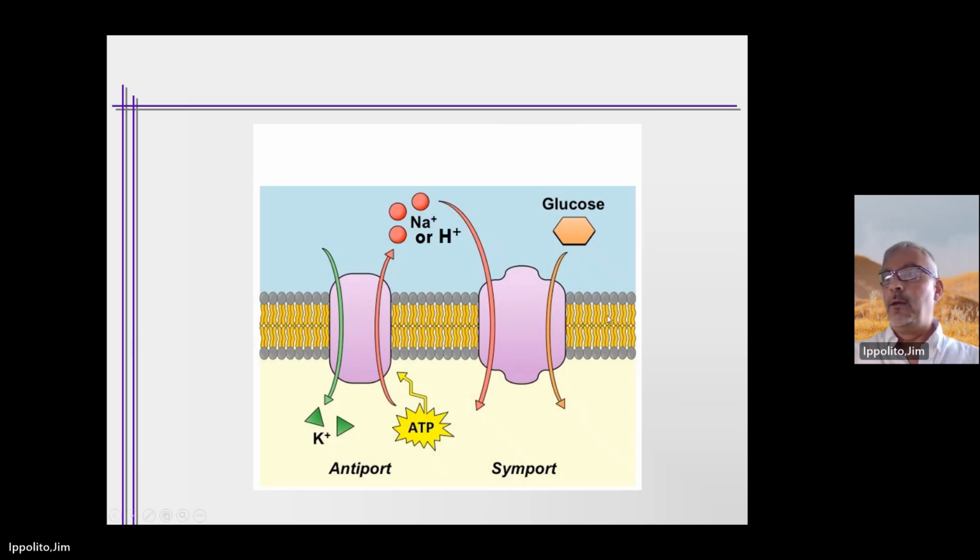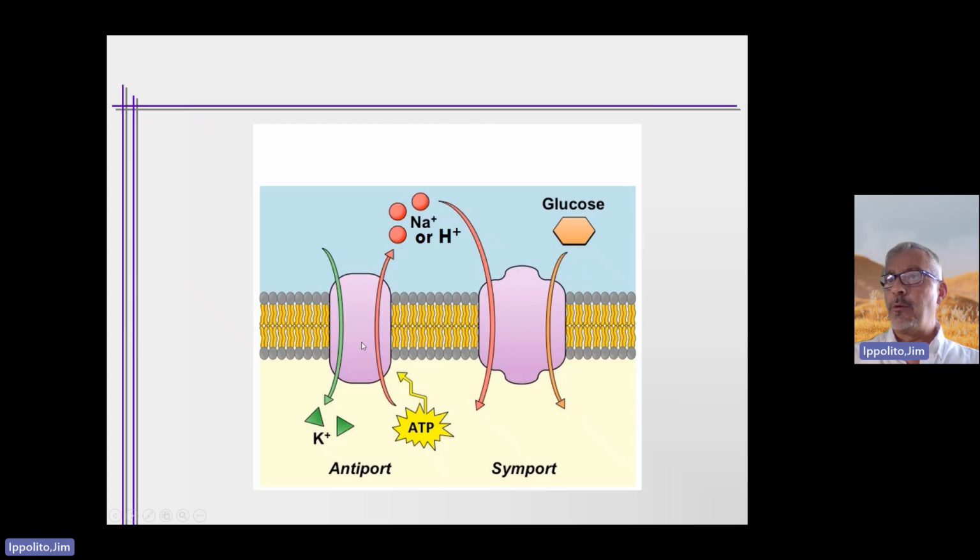So this mechanism on the right is symport, and we just talked about this. This is where free hydrogens are pumped across the plasma membrane and they flow back in through a transport mechanism that also carries sucrose or glucose or carbohydrate into a cell, like a cortex cell.